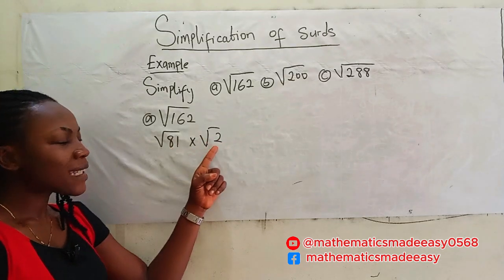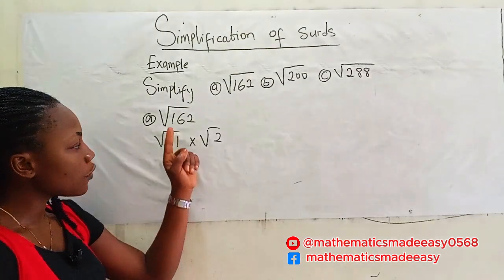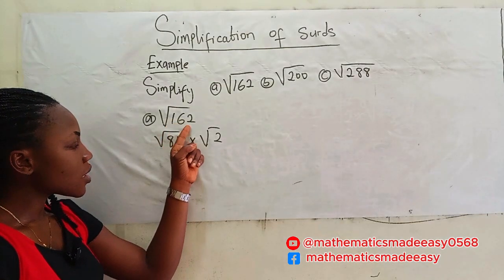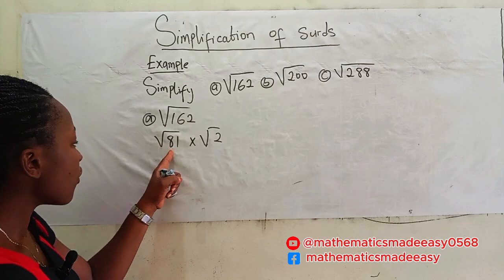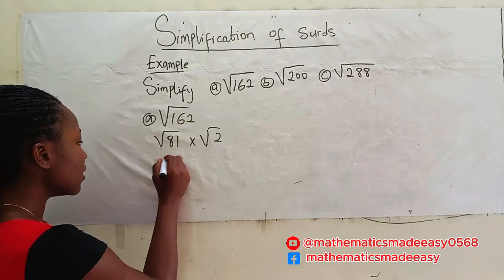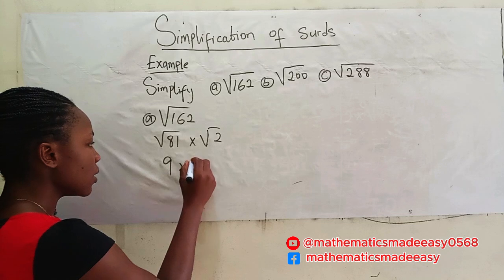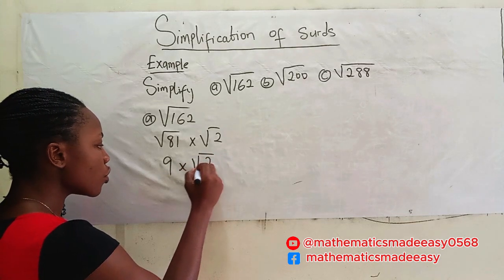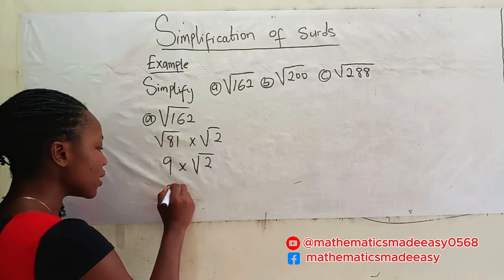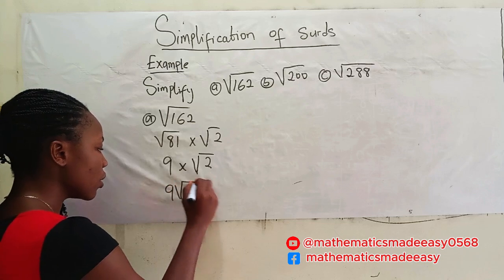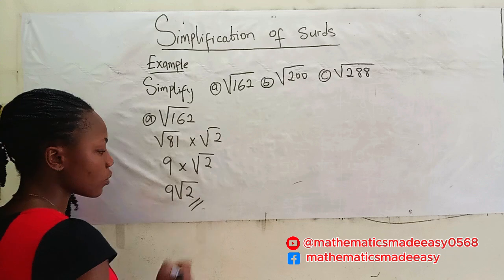So 81 times 2 is going to give us 162. Now the square root of 81 is 9, times root 2. So 9 times root 2 is going to be 9 root 2.